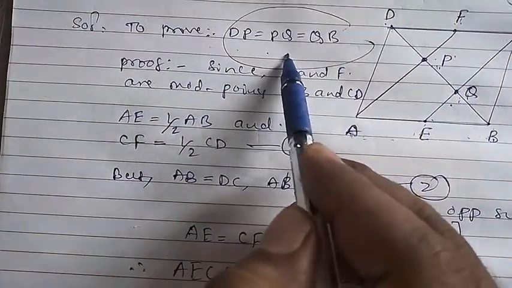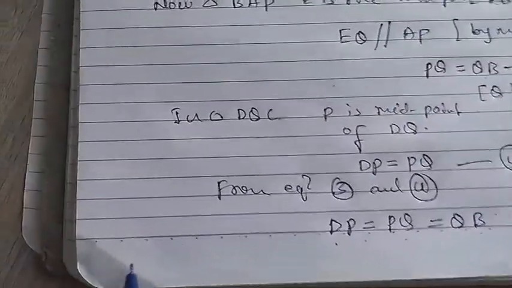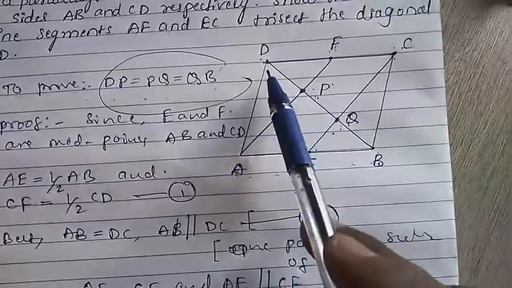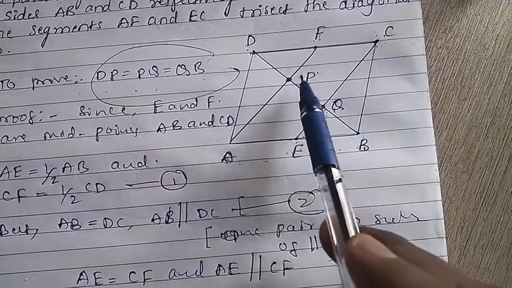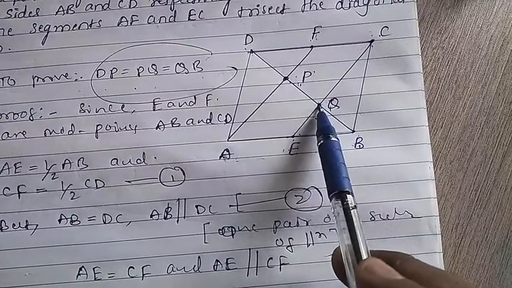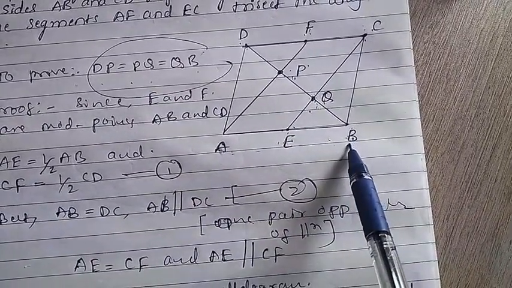DP is equal to PQ, PQ is equal to QB. So hence you can say here that the diagonal BD is trisected at the points Q and P. Which means DP is equal to PQ, PQ is equal to QB.